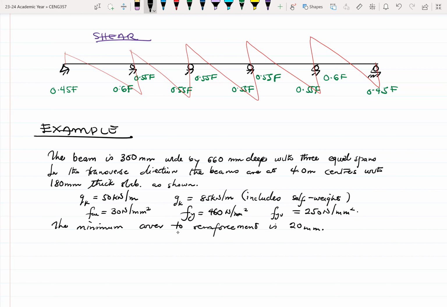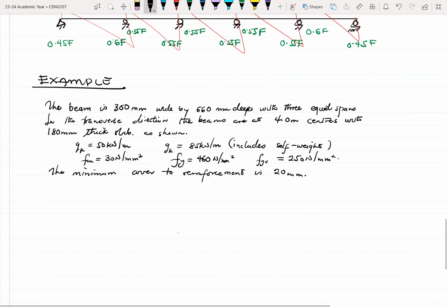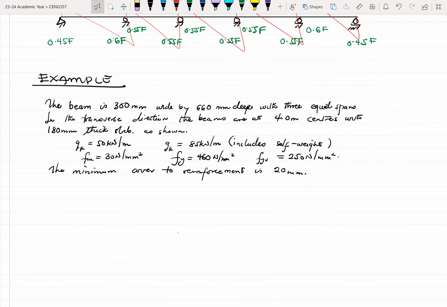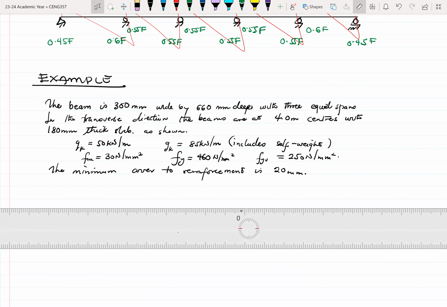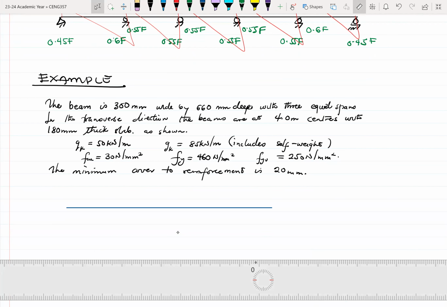So let's look at how to solve this problem. Okay. So we have the QK, we have the GK, and this is our beam right here. So these are the supports.